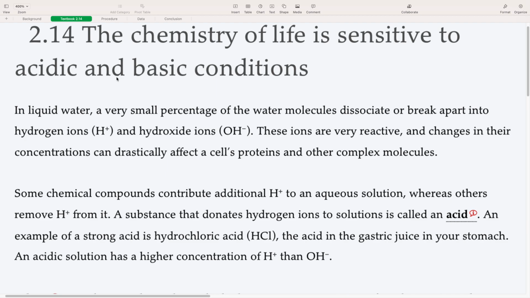A substance that donates hydrogen ions to solutions is called an acid. An example of a strong acid is hydrochloric acid, HCl, the acid in the gastric juice in your stomach. An acid solution has a higher concentration of H+ than OH-.